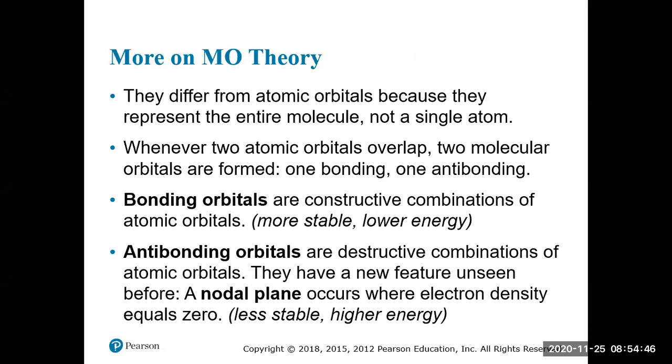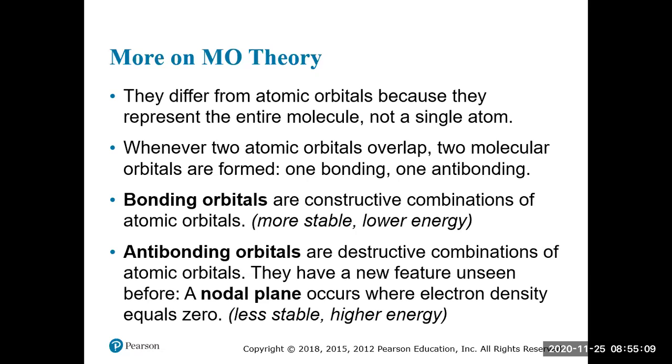So as I said, the differences are that instead of talking about those individual atoms, we're now talking about the whole molecule. And whenever 2 atomic orbitals overlap, 2 molecular orbitals are formed, and we call one a bonding orbital and one an anti-bonding.